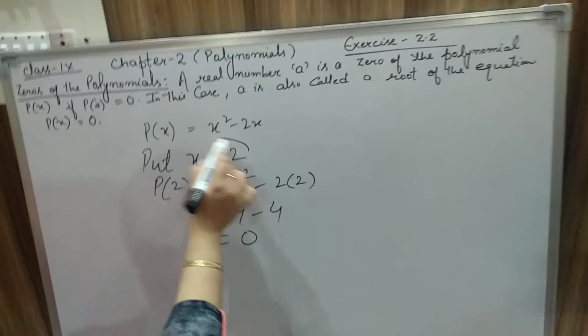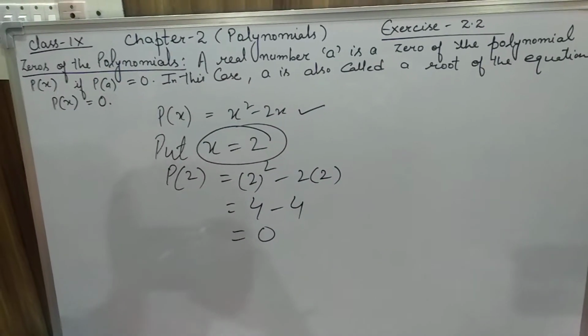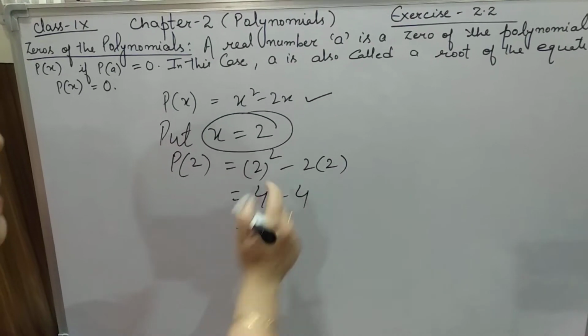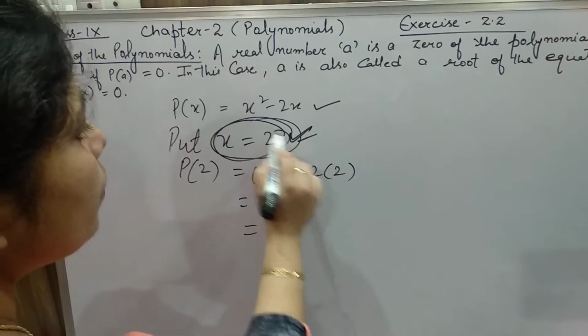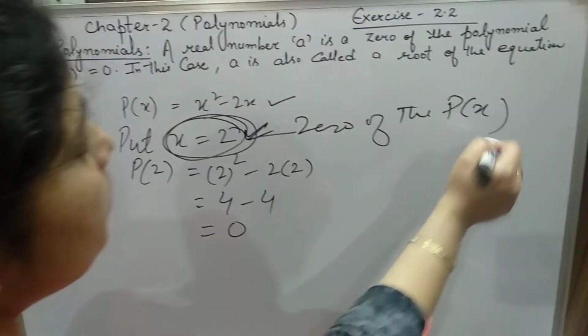It means if we put x = 2 in the polynomial x square minus 2x, we get the answer 0, which means x = 2 is called the zero of the polynomial p(x).